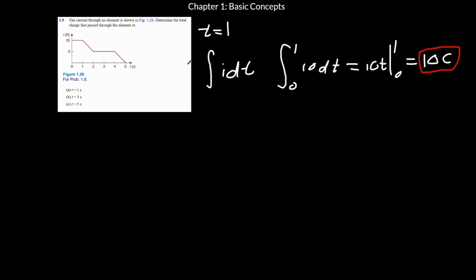Now for B, we can just call this A. For B, we're going to do, I'd say, a similar process. However, we really kind of want to take apart this problem and recognize that we have a square here, we have a rectangle here, another square here, and then a triangle here, right?